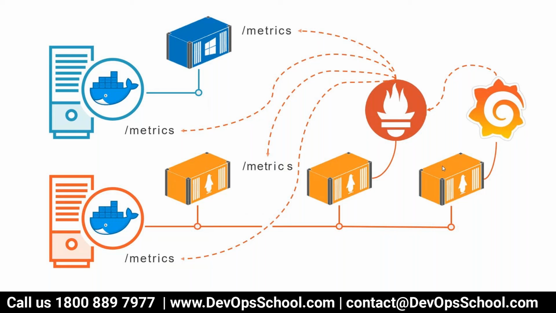So if you see the arrow, Prometheus is pulling metrics from the different endpoints, and that is how the architecture flows. So first we set up Grafana, and the Prometheus integration we'll set up today, and then we'll spend some time on Grafana. Are you clear with this? Yes, all of you? Yes.